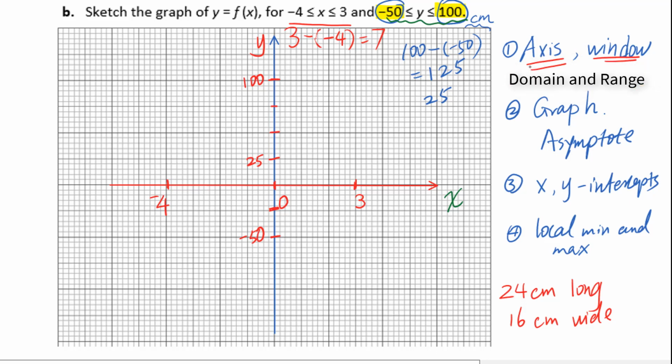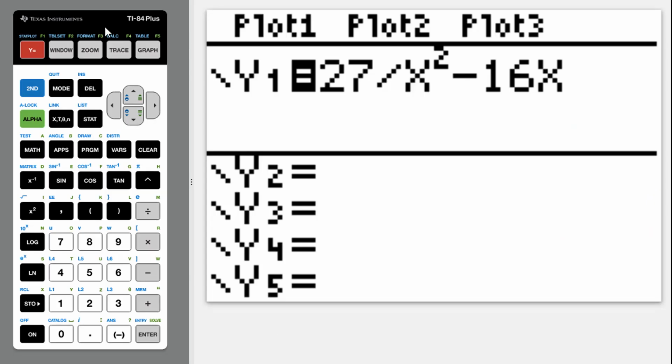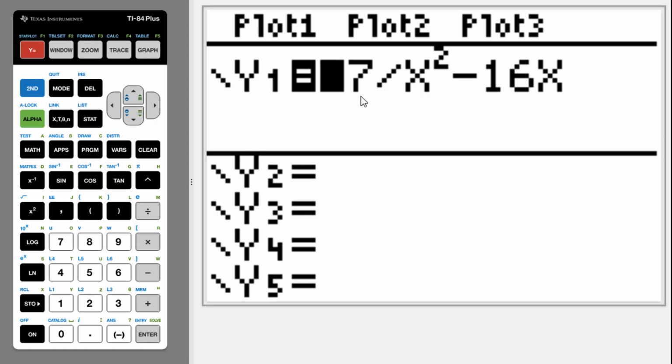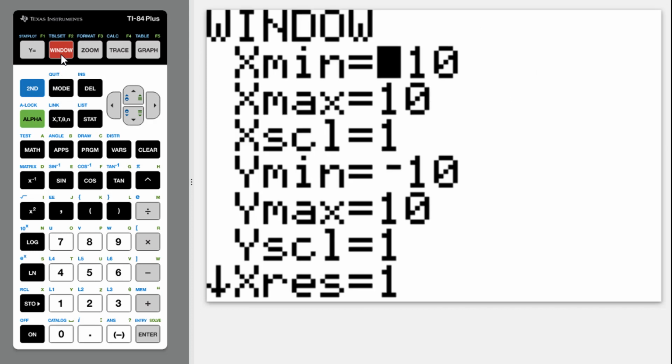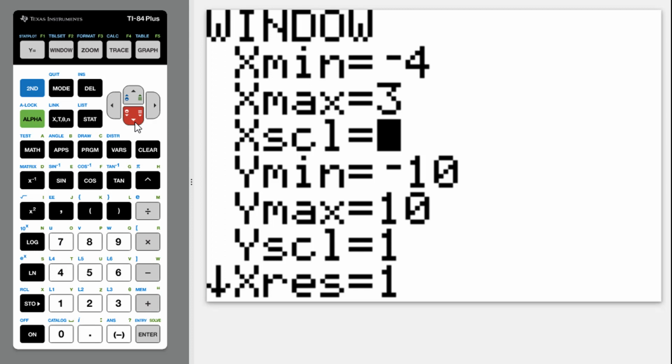Then we go to the calculator and set up the same window. Put f of x into y1. So go to window. Minimum is negative 4. Maximum is 3. Scale is 1. We already set up 1 centimeter is 1 unit.